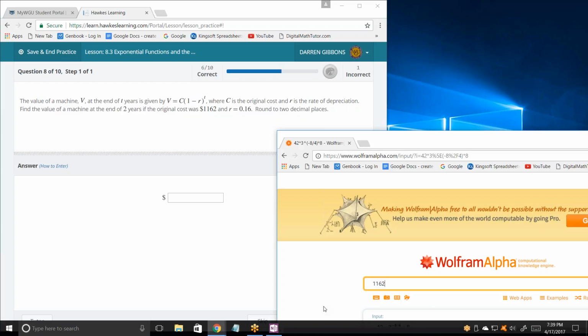So the answer we're going to get is 1162 times, I'm doing it over here on Wolfram Alpha, 0.84 raised to the 2 power, like that. See how I typed it in?